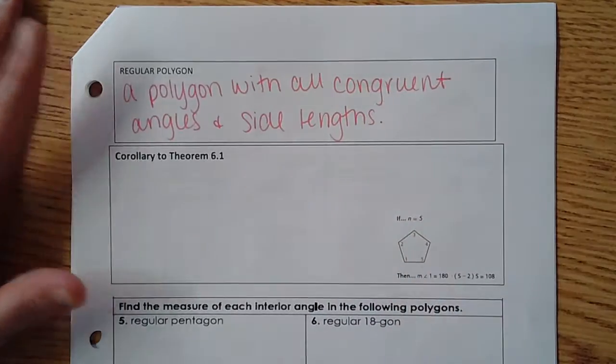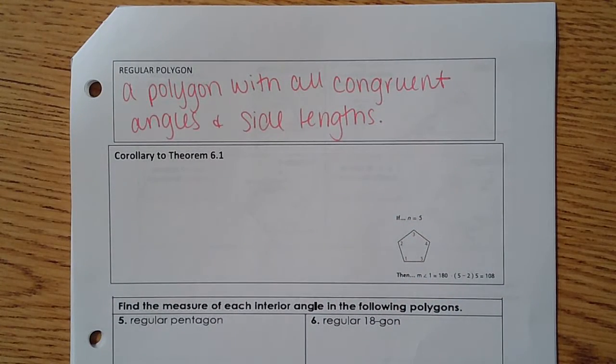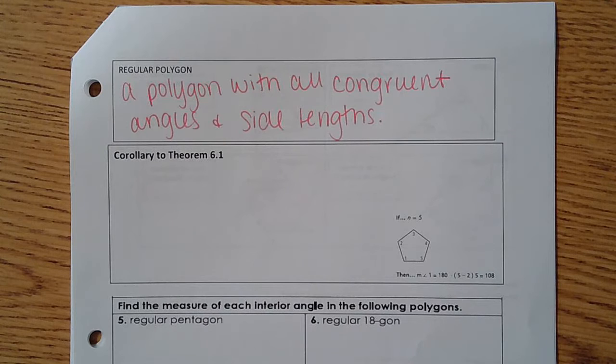So we have worked with an equilateral triangle, and an equilateral triangle is the definition of a regular polygon. It's a regular triangle. And a square, which you guys are familiar with, is the example of a regular quadrilateral. So all sides are congruent, all angles are congruent. All right.